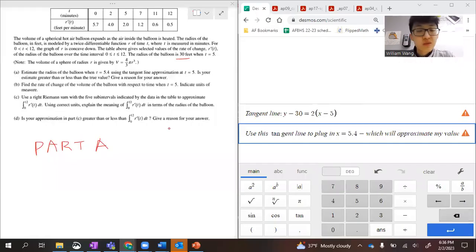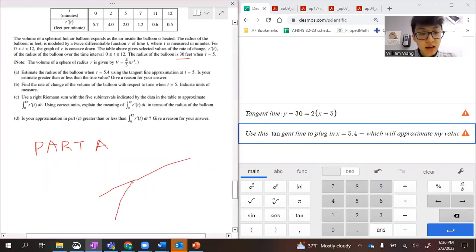All right, now, similar idea to the previous problem, right? What else do I know? I know the graph of my radius is concave down. So I approximate my value. Let's say this is my tangent line, and my function is concave downwards. I know my approximation is going to be significantly greater than my actual value because it's concave down.